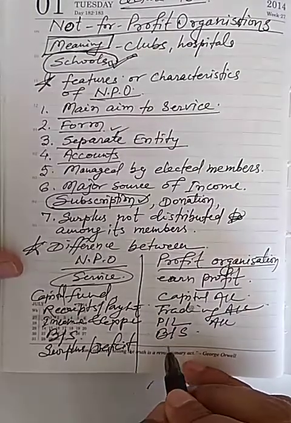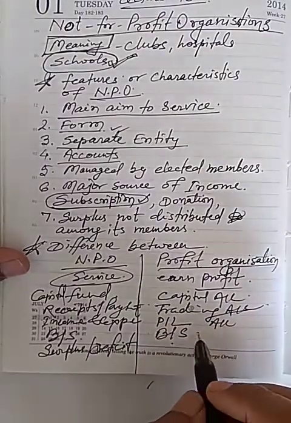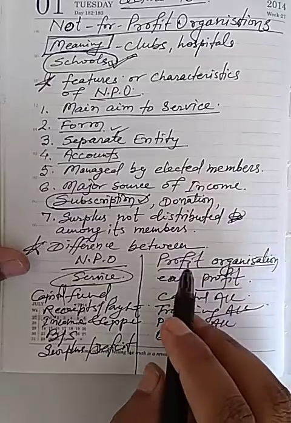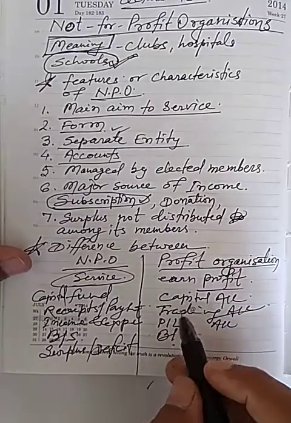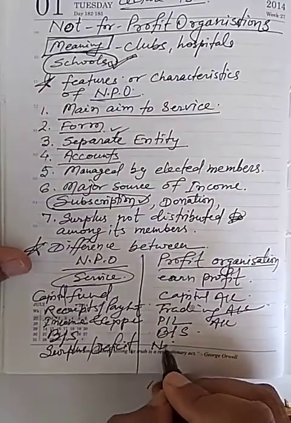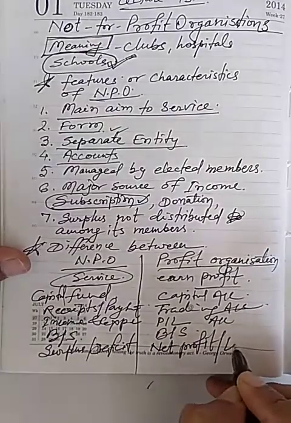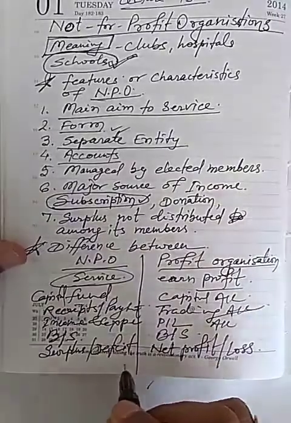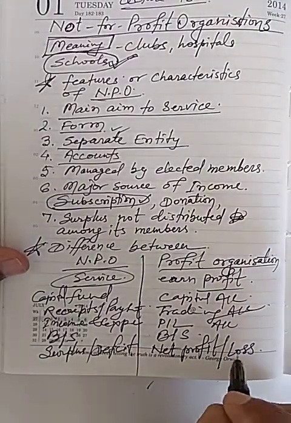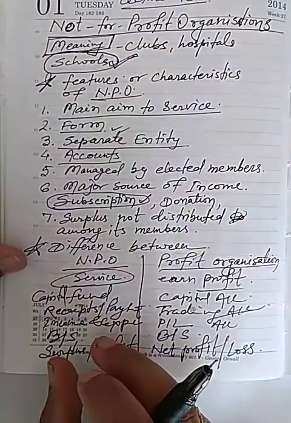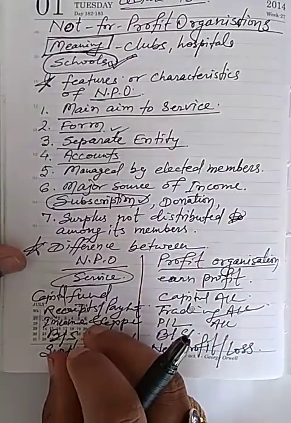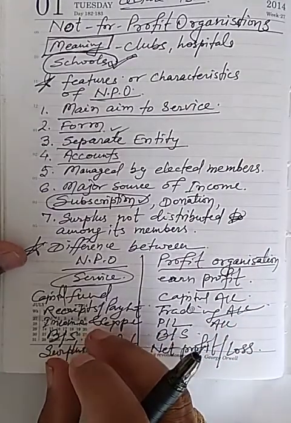But the net result shown by a profit organization is called net profit or net loss. So these are the differences between profit organization and not-for-profit organization.